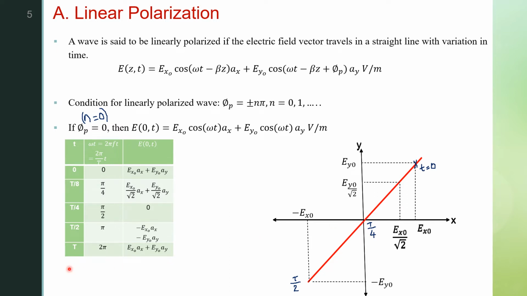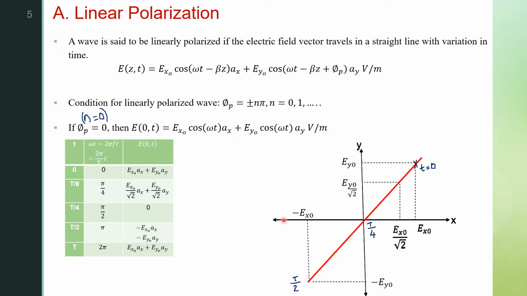Then when t is equal to capital T by 2, that is half of the time period, omega t is going to be pi. So cos pi is minus 1. So substituting here, you will get electric field value as minus Ex0 ax minus Ey0 ay. So what does it mean?